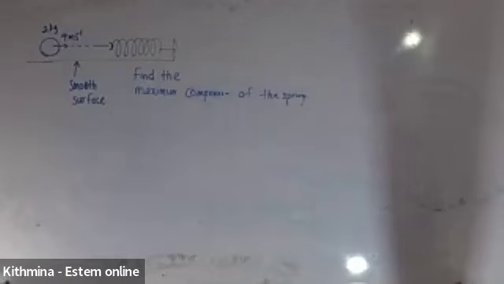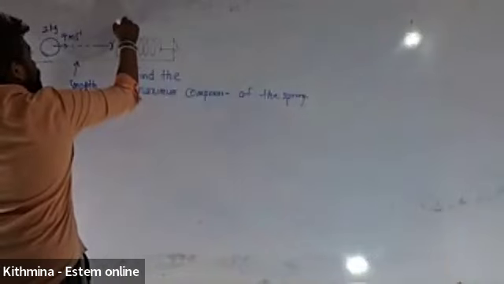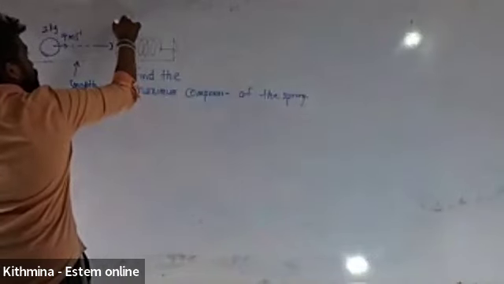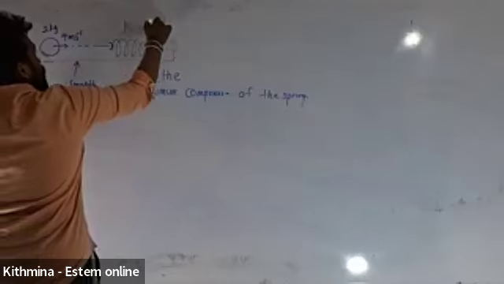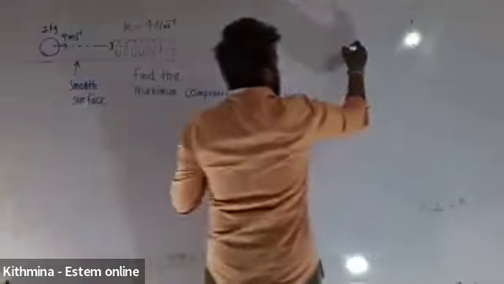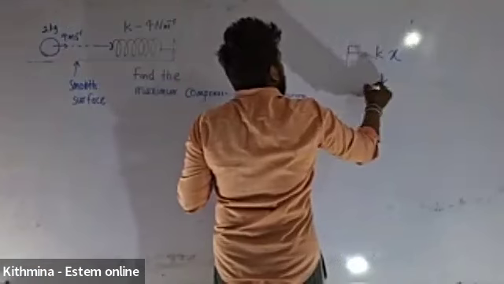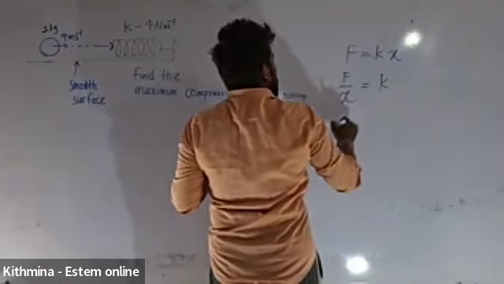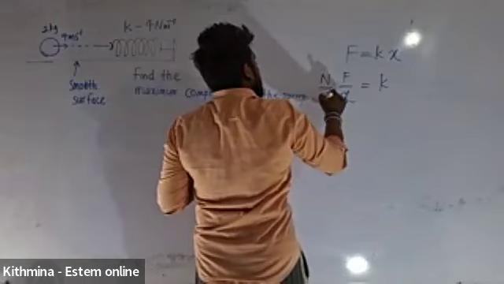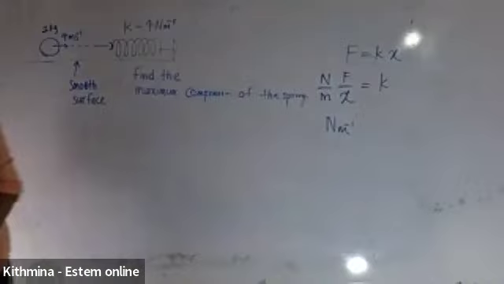The spring constant of this spring is 4 N m^-1. The unit is N m^-1 because F equals kx, so k equals F over x, so the unit is newtons per meter.